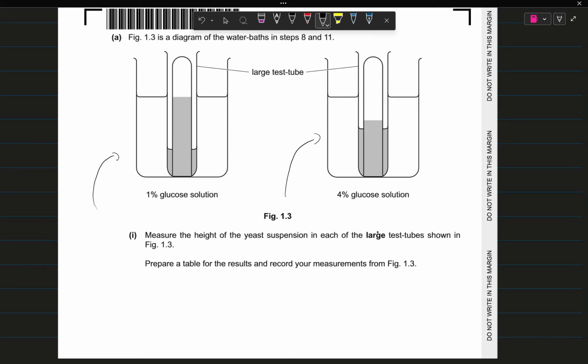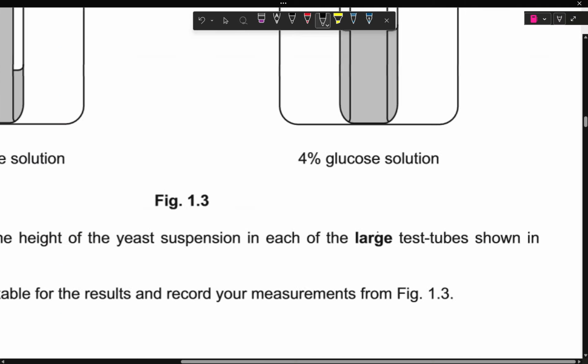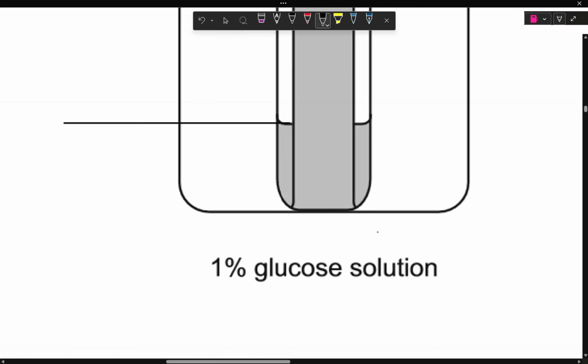Now after that, we will be using our actual physical ruler in the exam, and we make sure that we read from the bottom of the meniscus. Make sure that you read from the bottom of the meniscus and not from this part here. You don't read from here. You read from the bottom, which would be here.